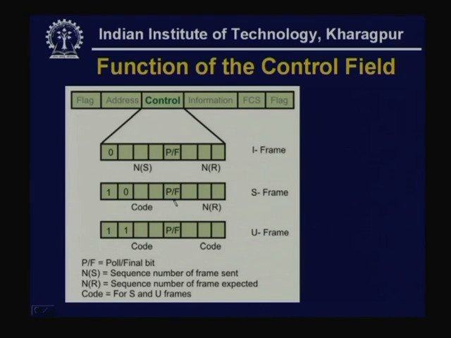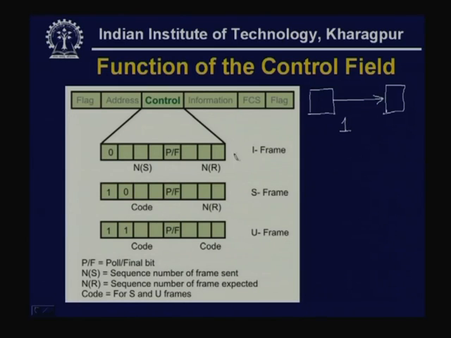This is used whenever you have got a primary and a secondary, then whenever primary sends it, when this bit is 1, this signifies the polling. That means when it is going from the primary to the secondary.